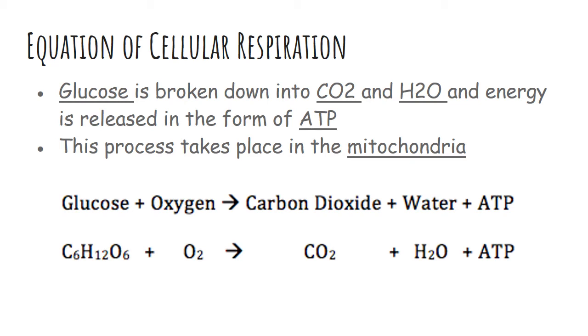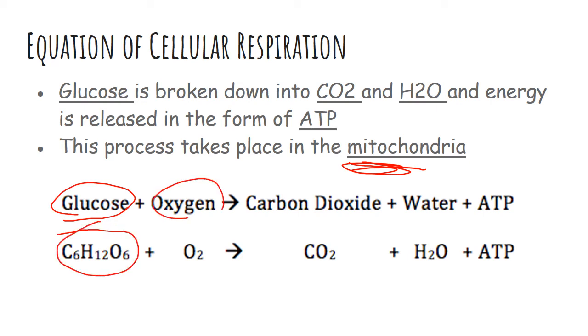And this process takes place in the mitochondria, the powerhouse of the cell. So glucose is here. Once again, you see C6H12O6. You have oxygen. That's just your O2. So those are the reactants.